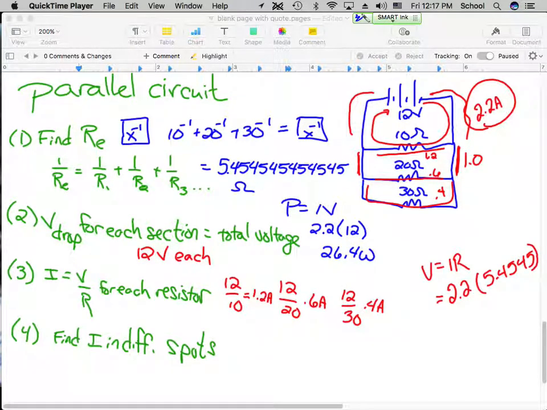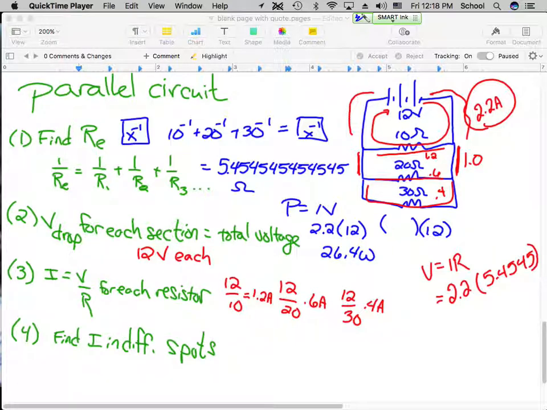Now, if you looked at yesterday's notes, when we were talking about series, and we had the exact same setup, does anybody remember what the current was there? We still had 12 volts. But when we hooked up the current last time, we had to add up the resistors, just straight add, so 10 plus 20 plus 30 was 60, right?